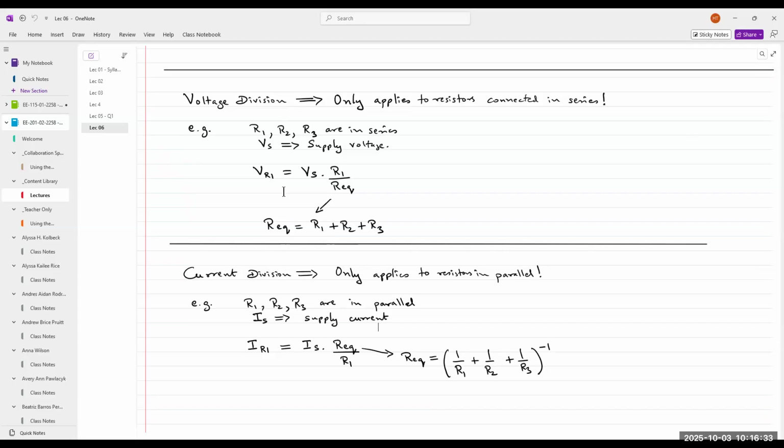So the voltage division equation is given by VR is equal to VS times R over total equivalent resistance, Req. If you notice this equation, if R1 was not part of the equation, what do you think this represents? Ohm's law, V equals IR. So VS over Req.